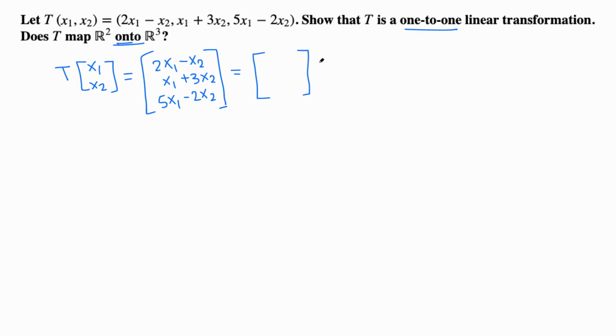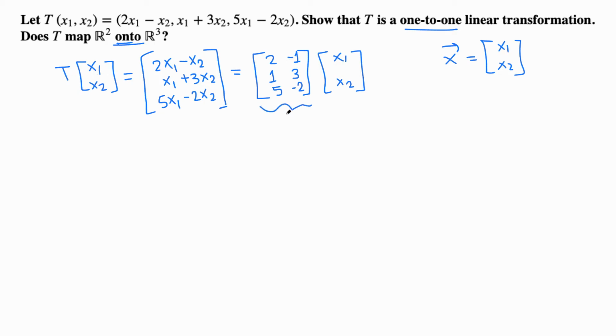So we have x1, x2 that goes here, and just the coefficients now: 2, negative 1, 1, 3, 5, negative 2. Okay, so this transformation is in fact given by T of x equals Ax, where x is a vector.